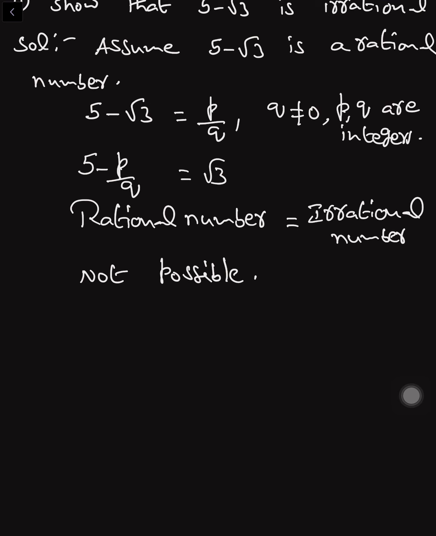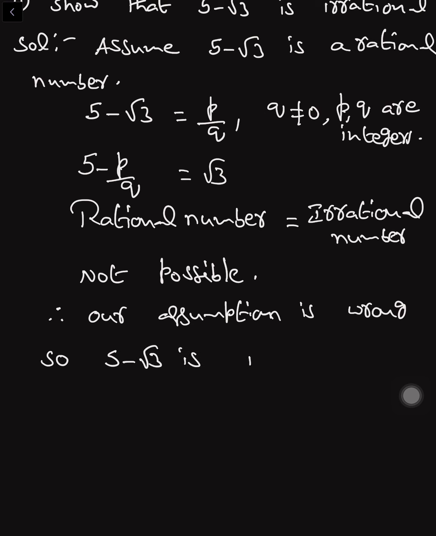What is our assumption? 5 minus root 3 is a rational number. Therefore, our assumption is wrong. So 5 minus root 3 is an irrational number.